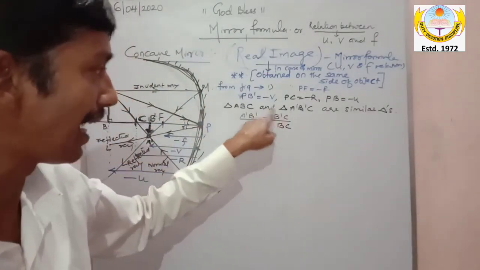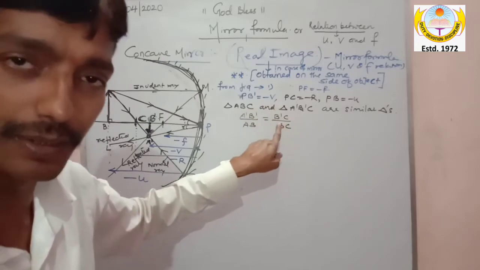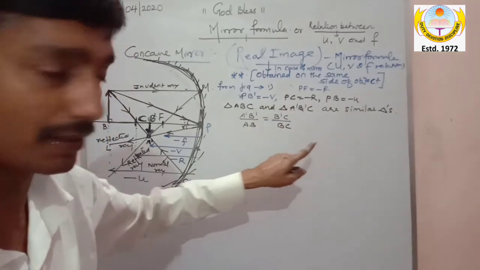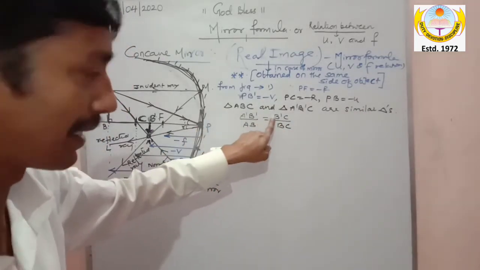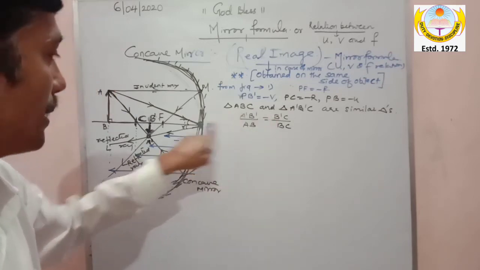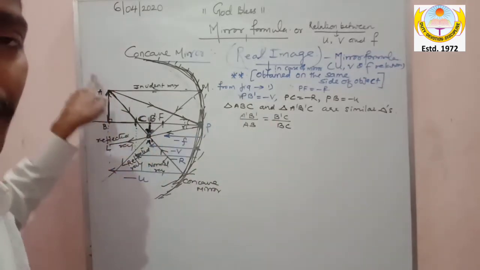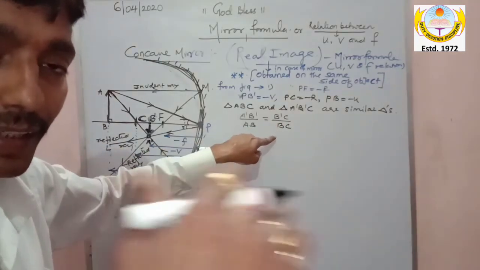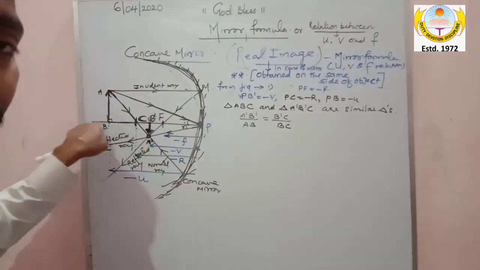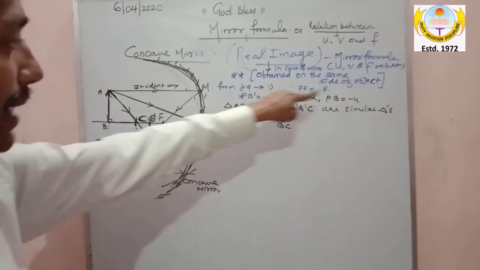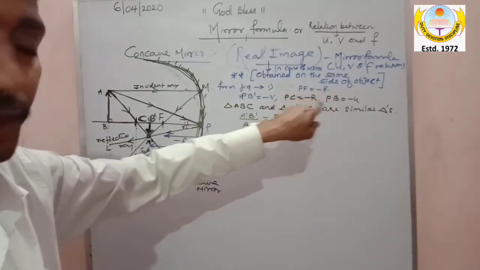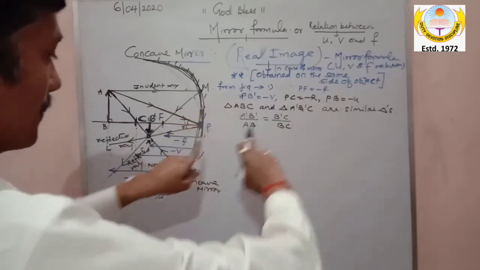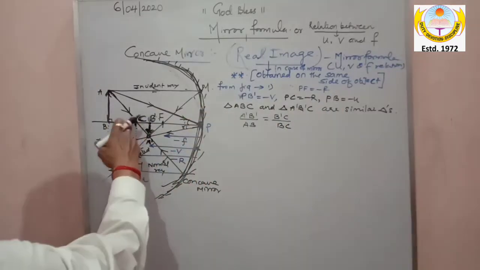I have taken the ratio, and the ratio is not difficult because the triangles are similar. A dash B dash upon AB is the size of the image divided by the size of the object. But B dash C and BC are the bases of the image side and the object side, and I don't know the value of B dash C directly. Even in the figure I have not mentioned any B dash C value.